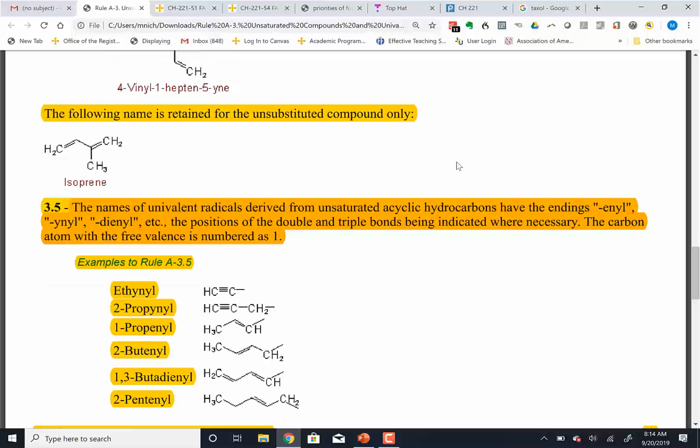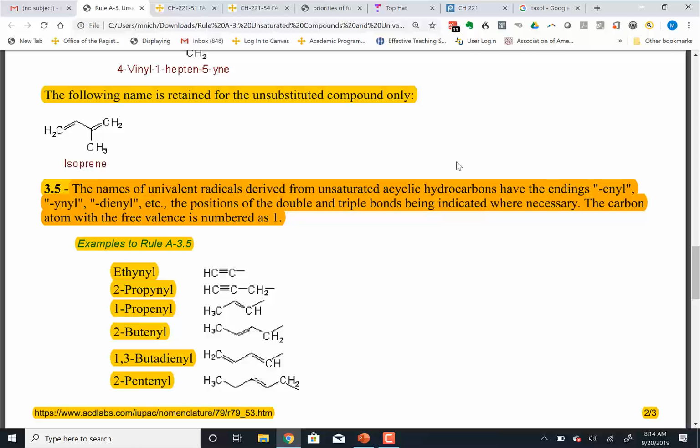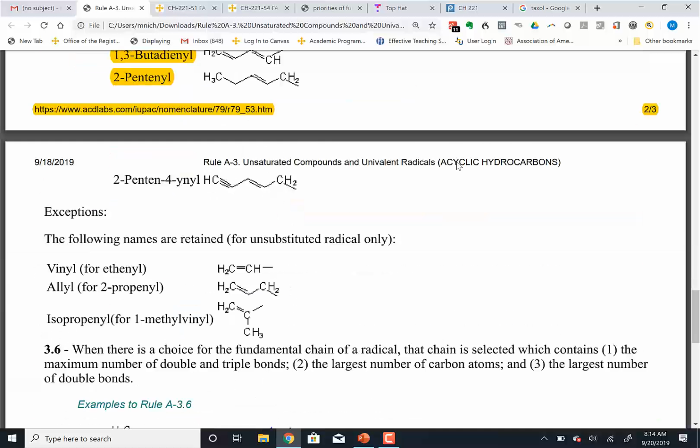Then they have some groups that they have given IUPAC names for. These are alkyl groups, and they've given those their own IUPAC names, which come from the common names. But I don't think we're going to have to go down that rabbit hole.